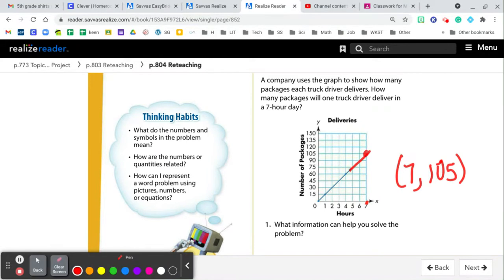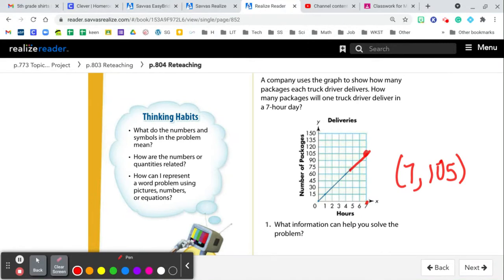The graph shows the relationship. So what information can help you solve the problem? The graph shows the relationship between the number of hours and the number of packages delivered. How can you find the number of packages delivered? Use the graph to find the y-coordinate when the x-coordinate is 3.